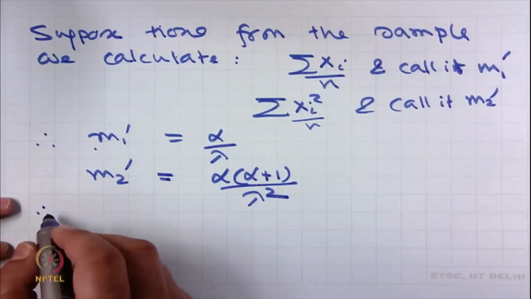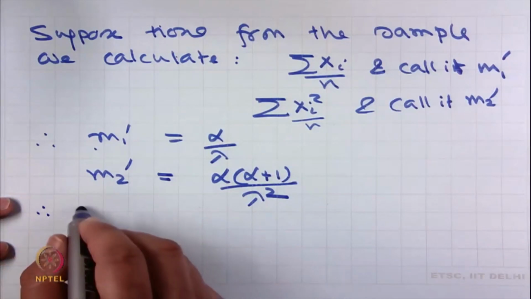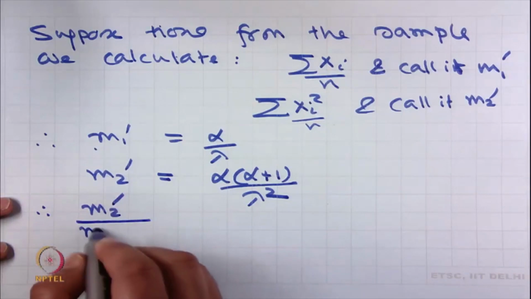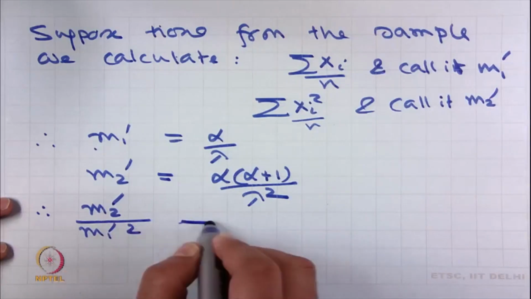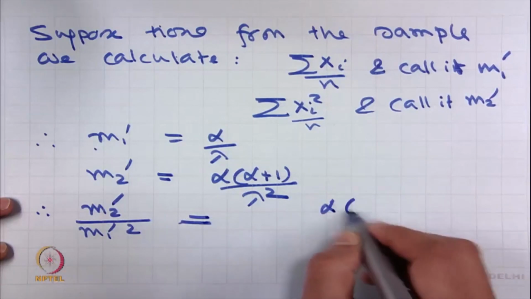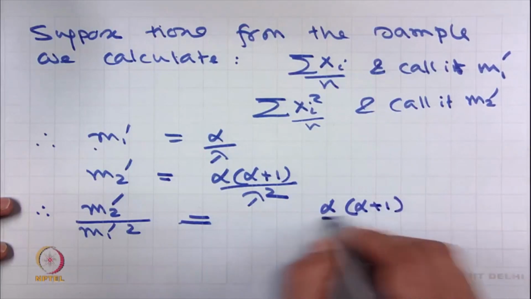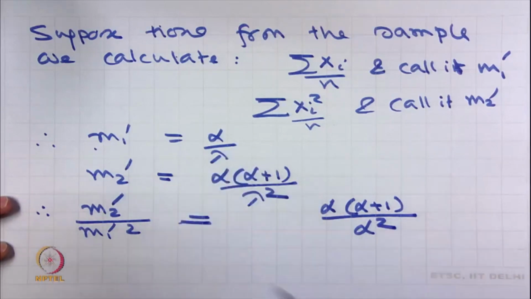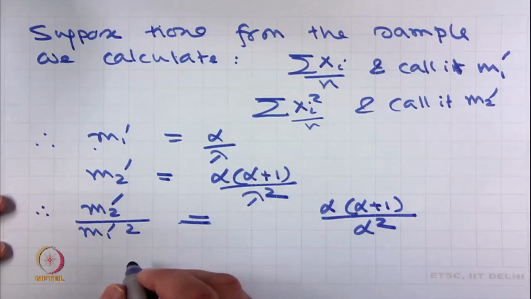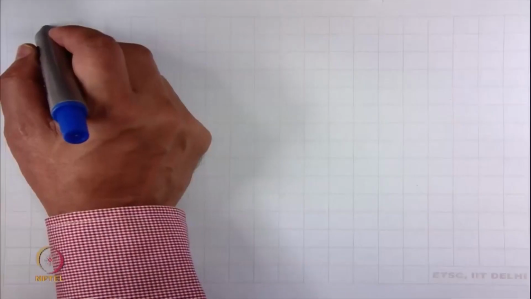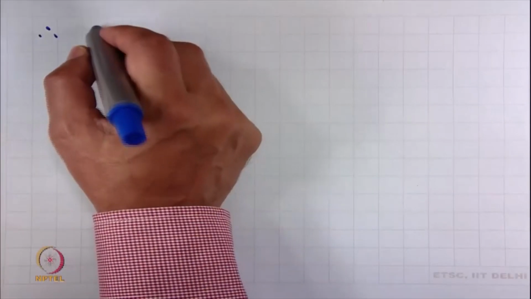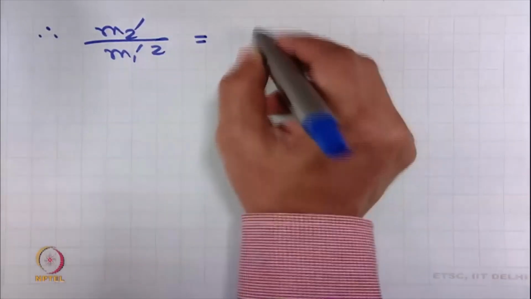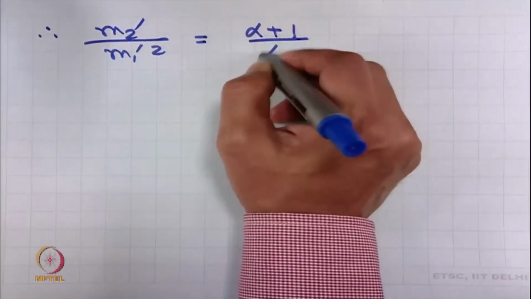Therefore, m2' upon m1'^2 is equal to alpha into (alpha plus 1) upon alpha squared, as this lambda squared will get cancelled. Therefore, m2' upon m1'^2 is equal to (alpha plus 1) upon alpha.